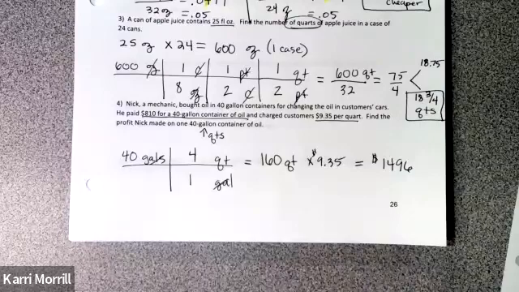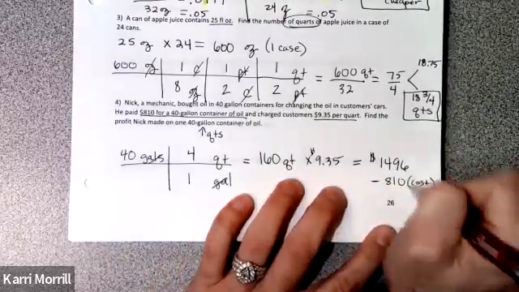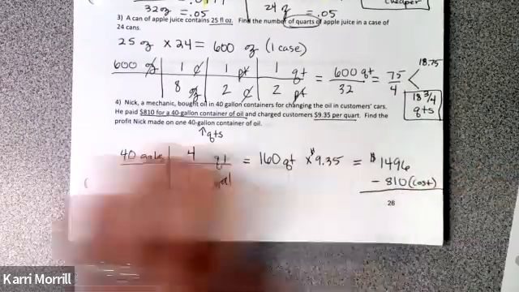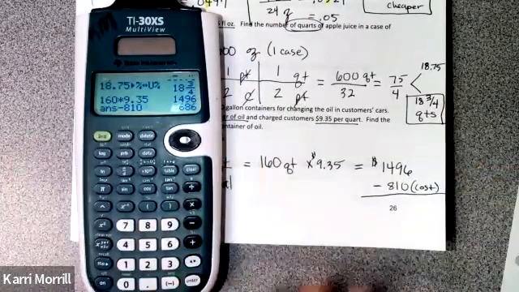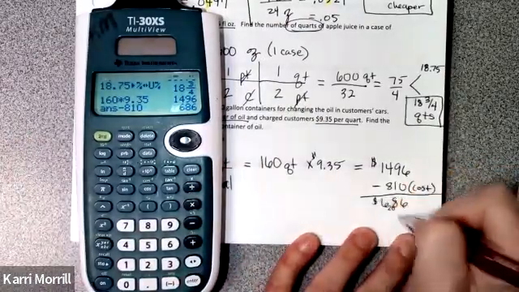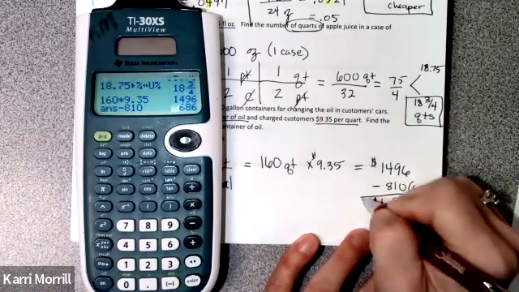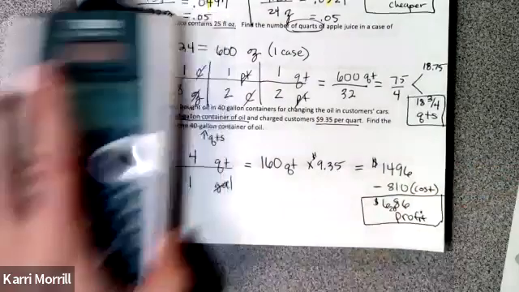You would need to subtract the cost from that to figure out his profit. Some of the old unit is kind of peeking its head out on us. And he would have made $686 profit if he did that. I didn't spell profit right. There's my I.